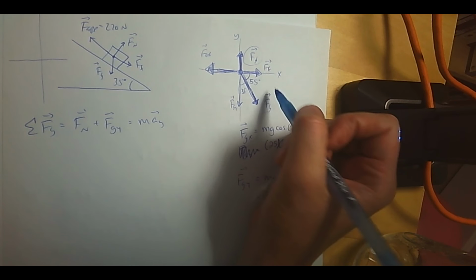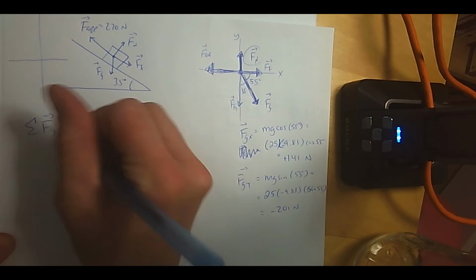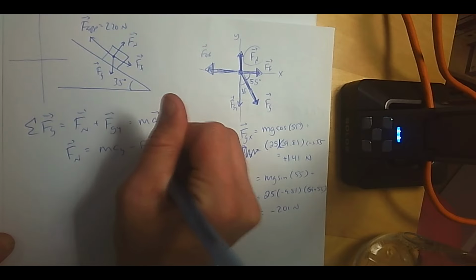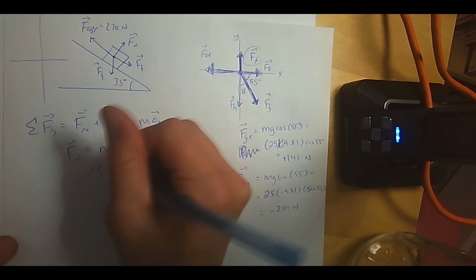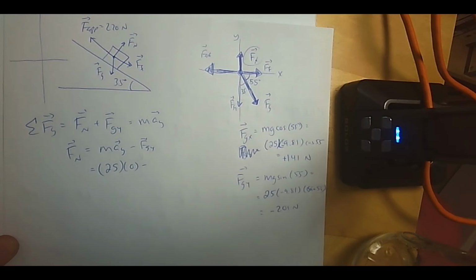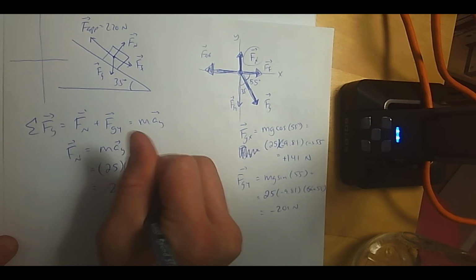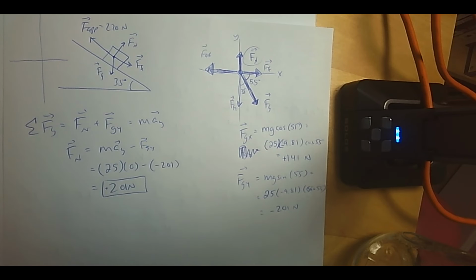The displacement is along the x now. So I can solve for the normal by taking m a_y minus the y component of gravity. That would be 25 times 0 minus my y component of gravity, which is negative 201. So my force normal is 201 newtons up.